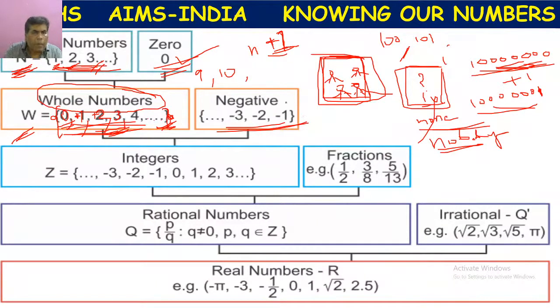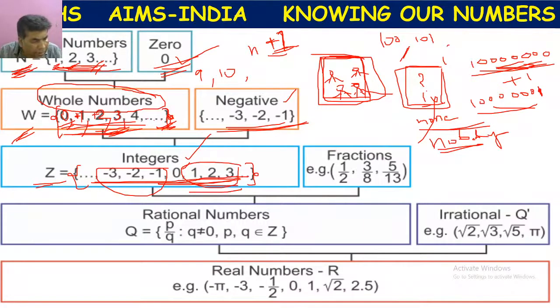These numbers together they framed as another new set, consisting of 0 in the middle, positive numbers on the right hand side, negative numbers on the left hand side, in flower brackets, which is called integers, and its symbol is Z.